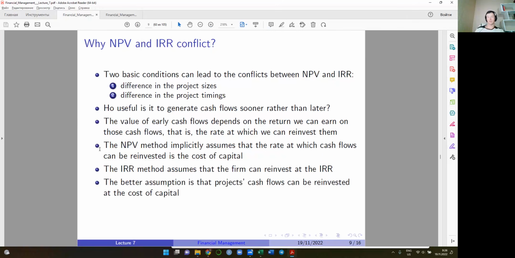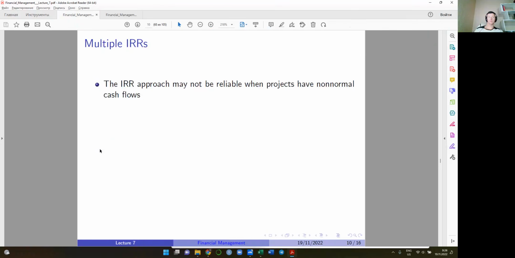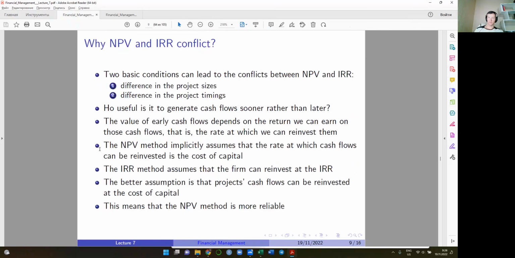This is the weakness of the internal rate of return method. So the better assumption is that the project's cash flows can be reinvested at the cost of capital, which means that NPV is more reliable. So in short, if you have a contradiction between NPV and IRR, choose NPV.